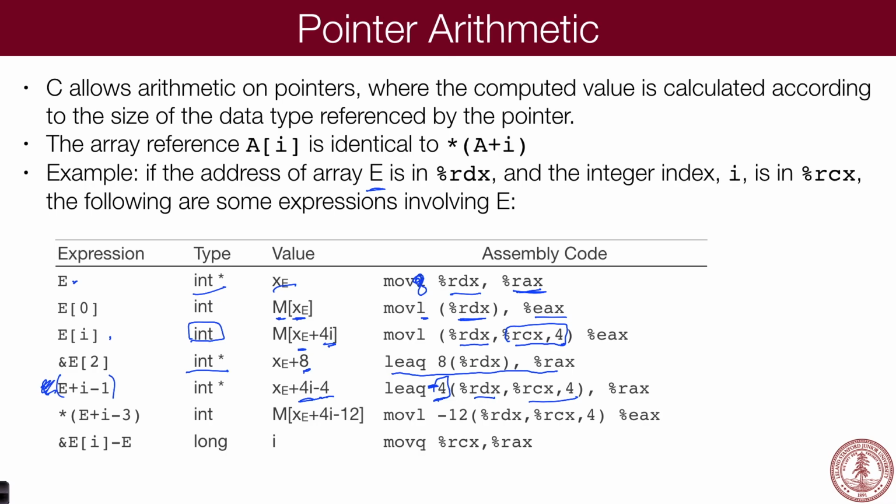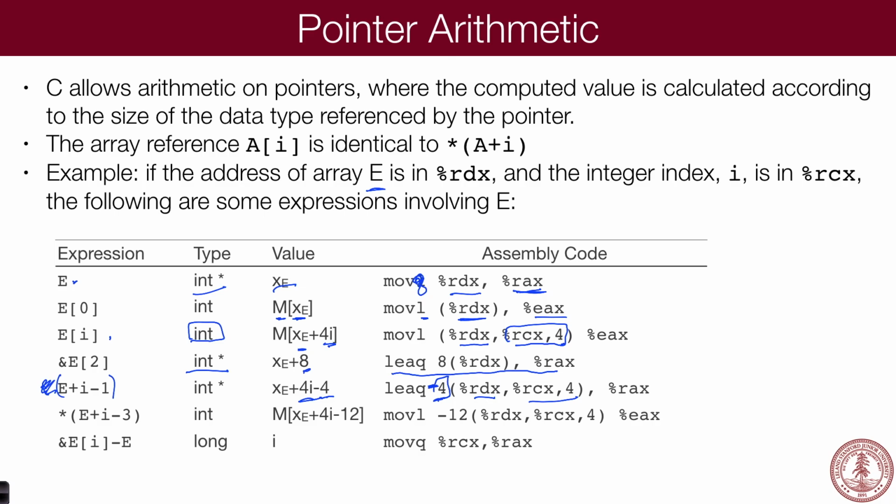Okay, you want to look at this one? This one looks a little crazy. We're dereferencing, so we're going to use a move, and then we're going to do E plus I minus 3. In this case, we need to scale everybody by 4. This kind of reminds me of chemistry balancing, where you have to figure things out. I never liked it either. But that's kind of what it reminds me of.